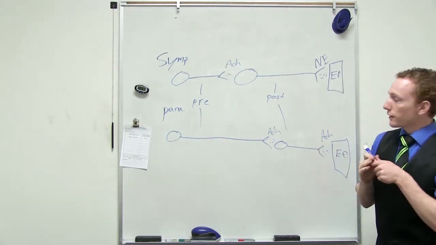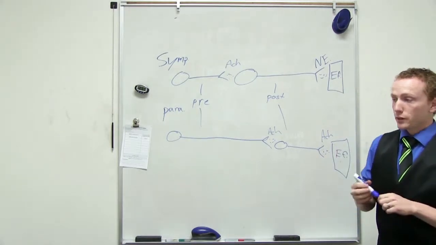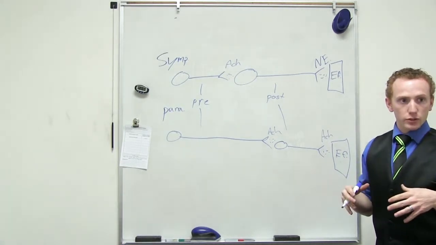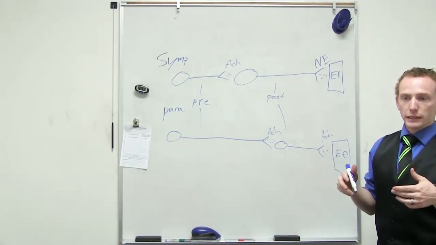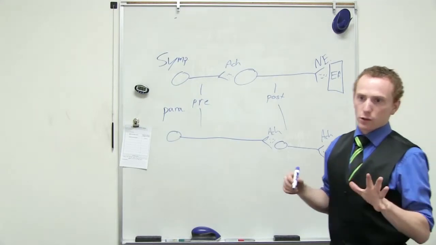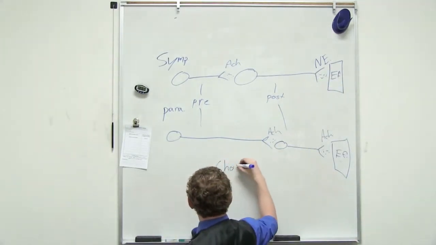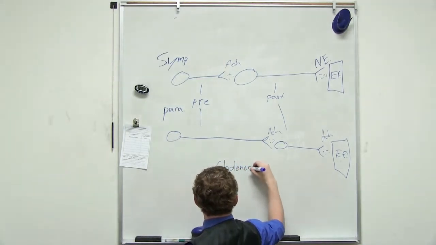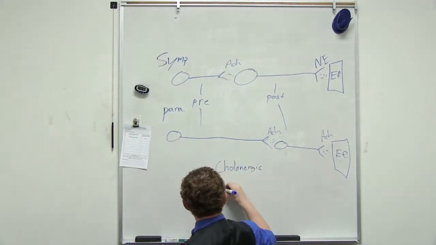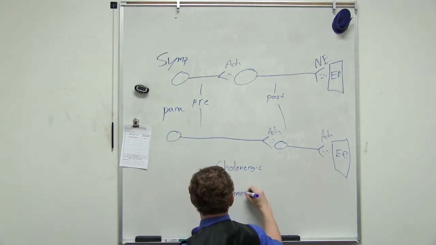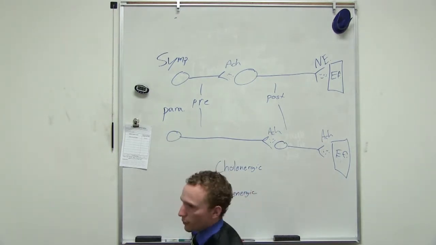Acetylcholine, acetylcholine. Okay, so we know that there are receptor types. There are two big categories, right? What are the two category names? Cholinergic and adrenergic receptors.